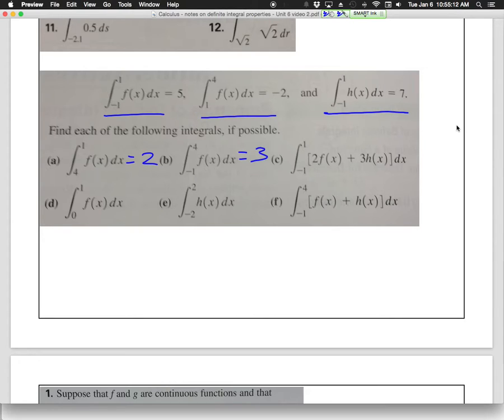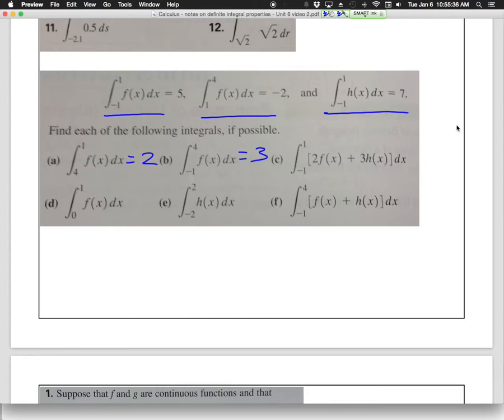Okay. All right, part C, Harrison. The integral from -1 to 1 of 2 f of x plus 3 h of x dx. What would that one be? 31 is correct.